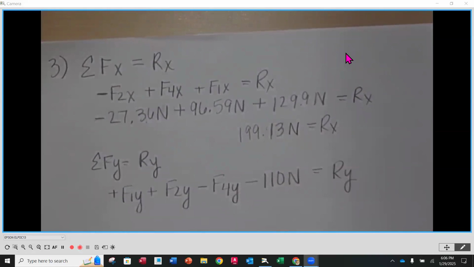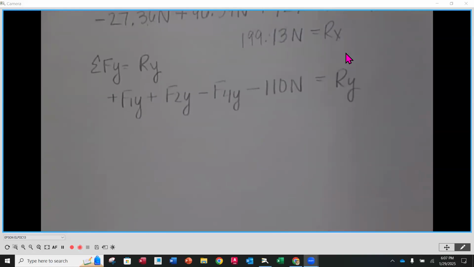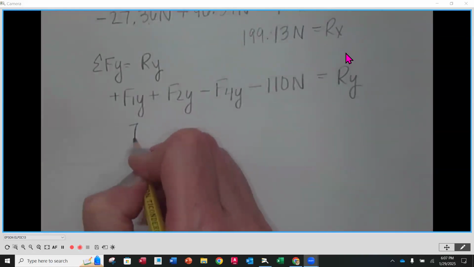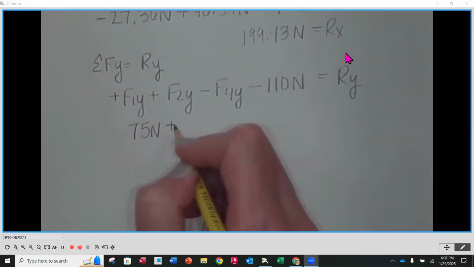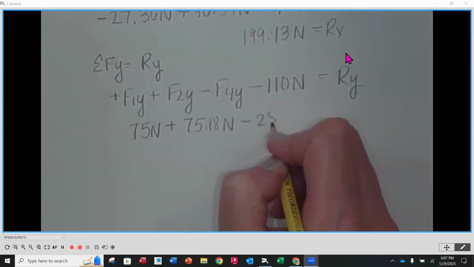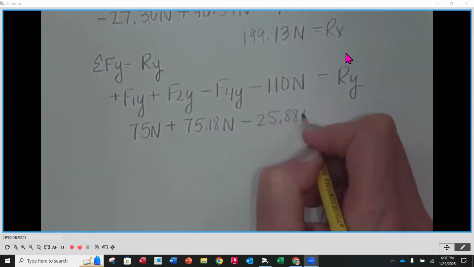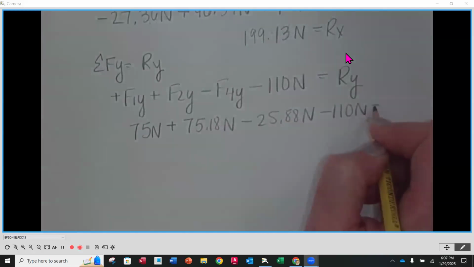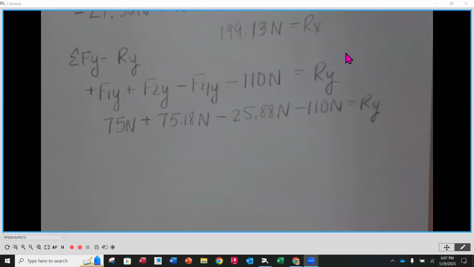And now we want to fill in the values for each one of those Y components. So I've got 75 newtons plus 75.18 newtons minus 25.88 newtons minus 110 newtons equals Ry.